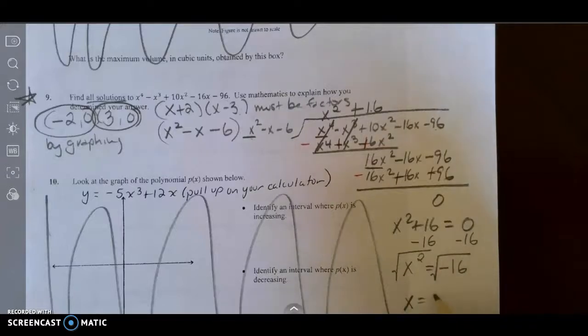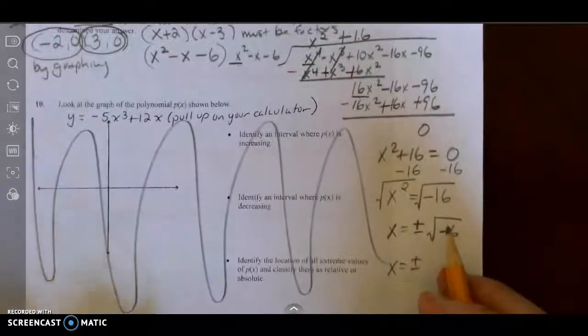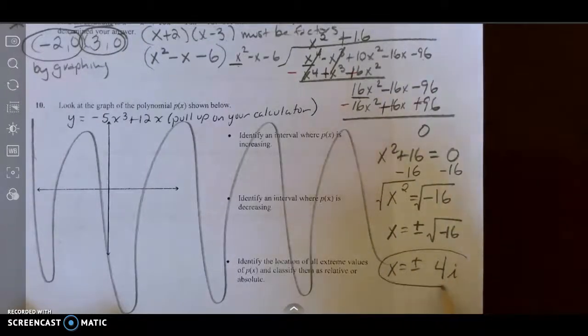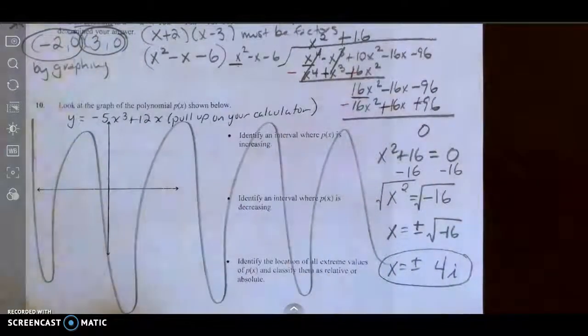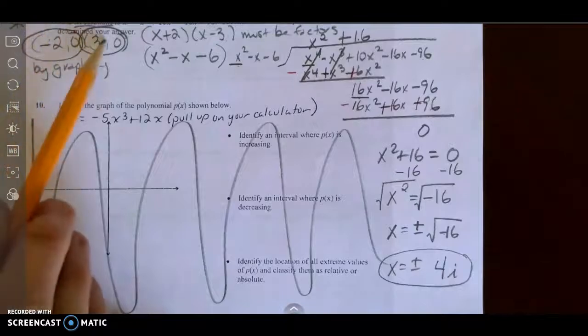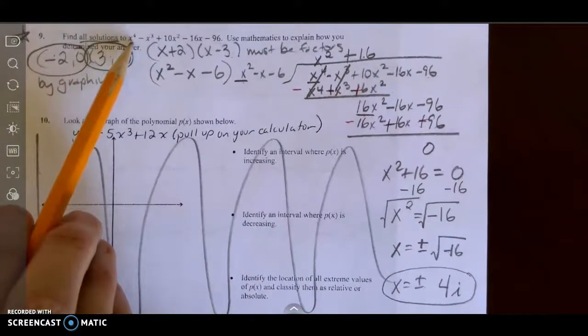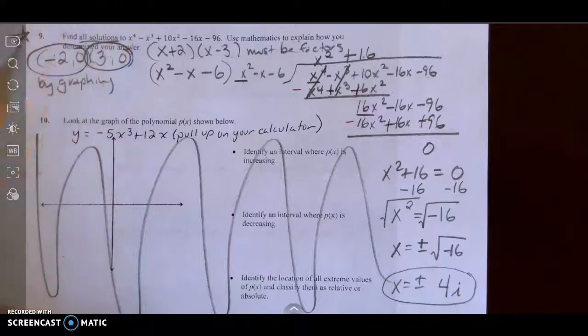Because I took the square root, I have to use plus or minus the square root of negative 16. Well, I know that the square root of 16 is 4, and the square root of negative 1 is i. So here are my other two solutions. So I have solution 1, solution 2, 3, and 4. And it's an x to the 4th, and I found all 4 solutions.